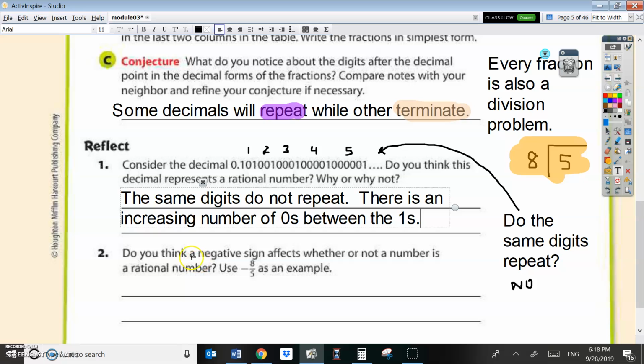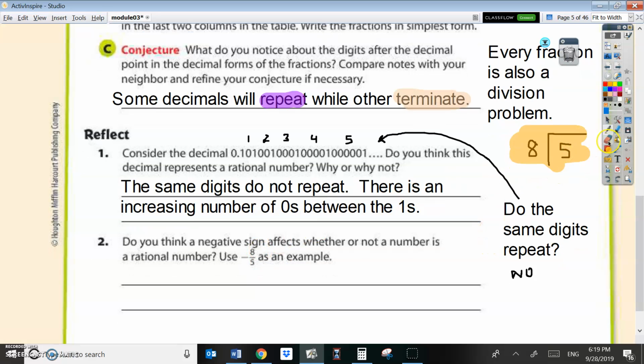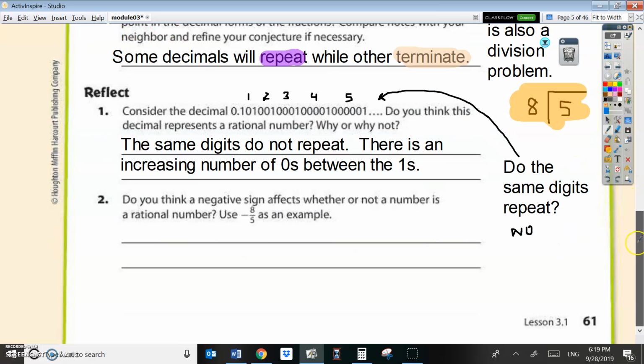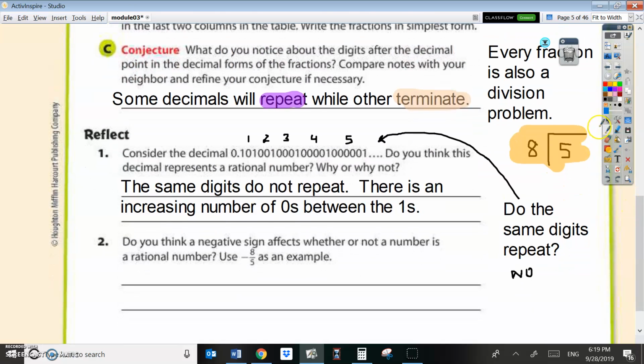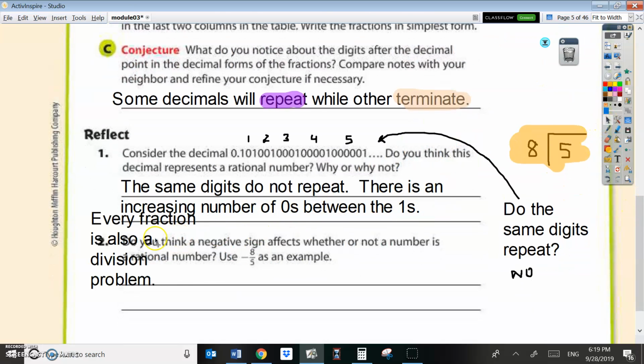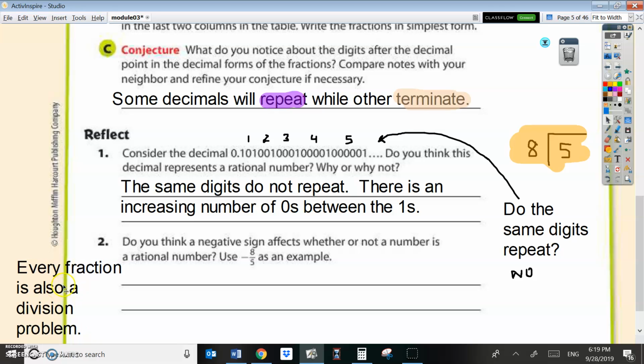So do you think a negative sign affects whether a number is a rational number? Use negative 8 over 5 as an example. Remember, every fraction is also a division problem. So divide.